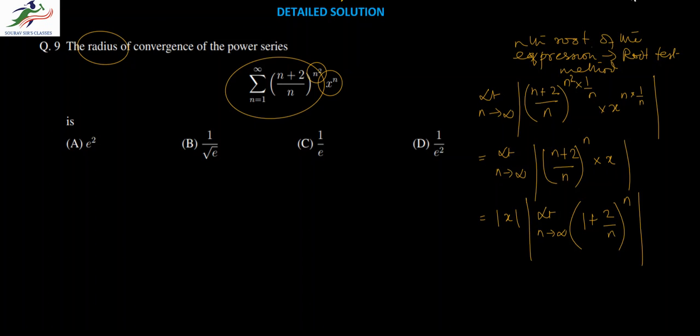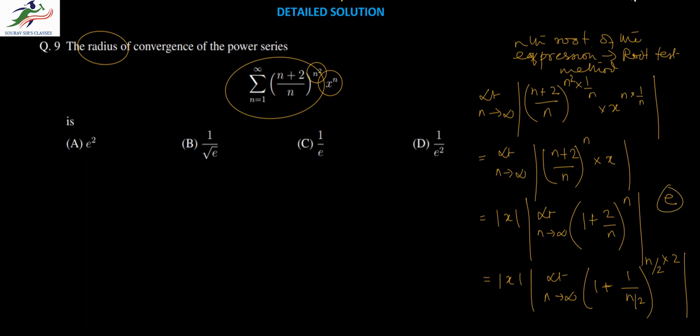This can be again written as mod of x multiplied by limit n tending towards infinity (1 plus 1 over n by 2) whole to the power n by 2 into 2. Now, why am I doing this?